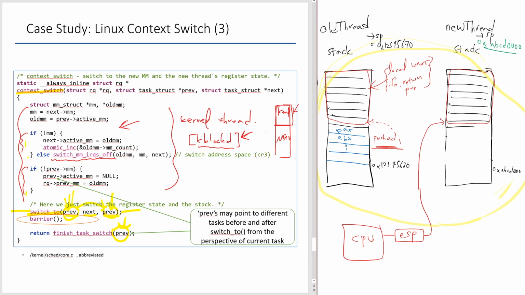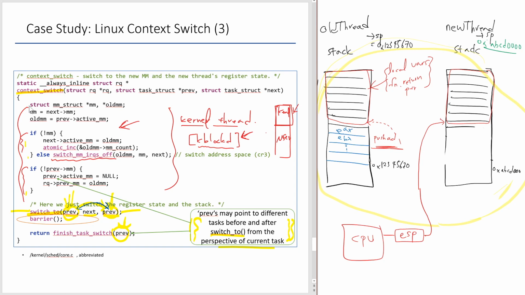So it really doesn't matter which address space you're going to use if you are a kernel thread. Previous may point to a different task before running switch_to. Okay, so I explained this just before. I probably should have said, absent this maneuvering, previous is different. Without this, previous probably points to a different thread. That's what I mean by that.